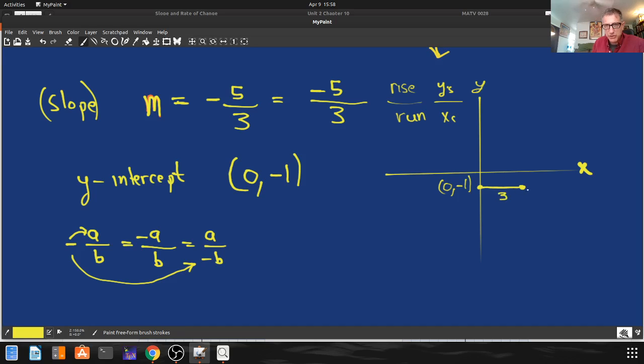in the x direction. Now I look at my y, and that's a minus 5. So I go down 5 units, minus 5 units, and there's my second point, and then I just draw my line through those 2 points.